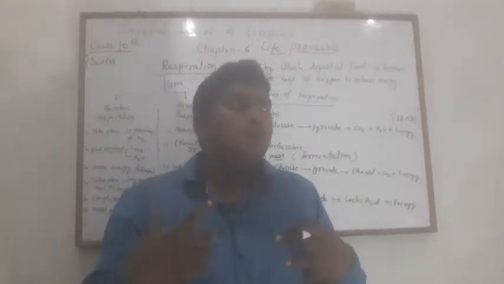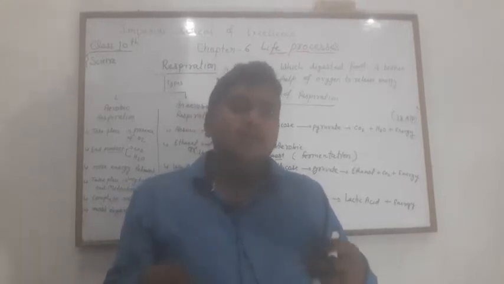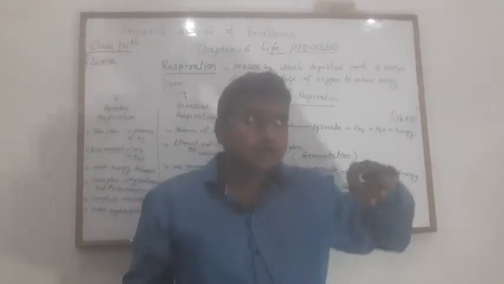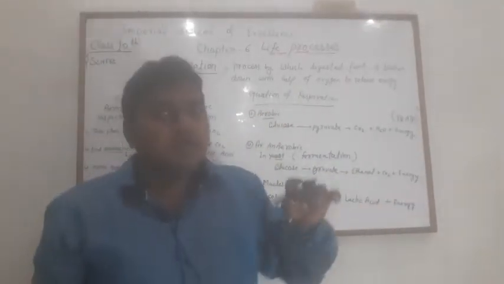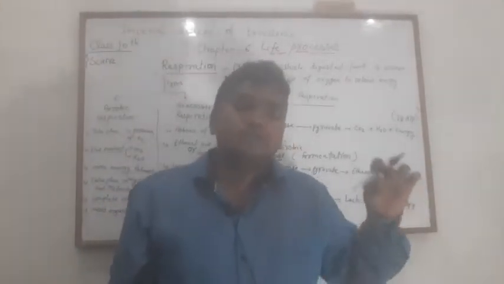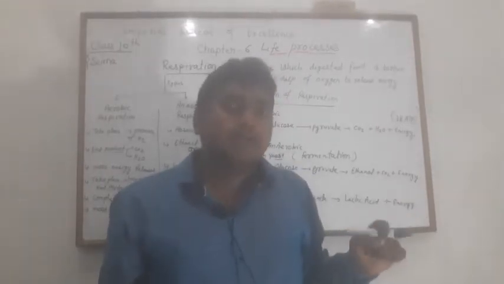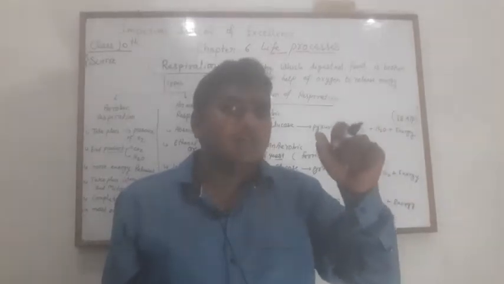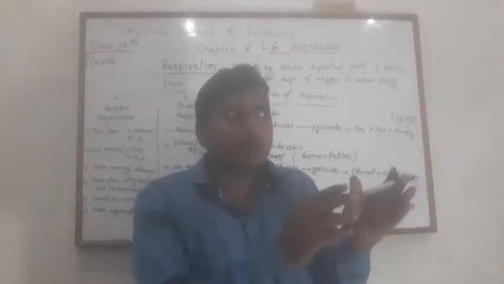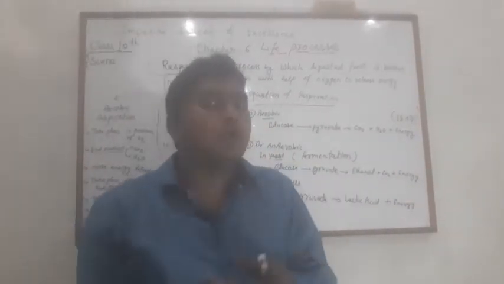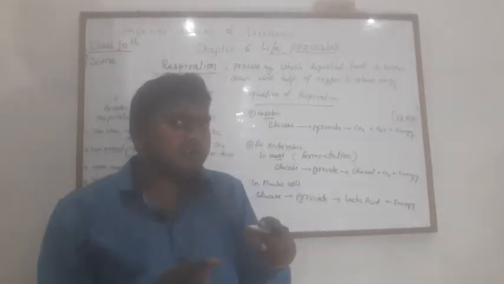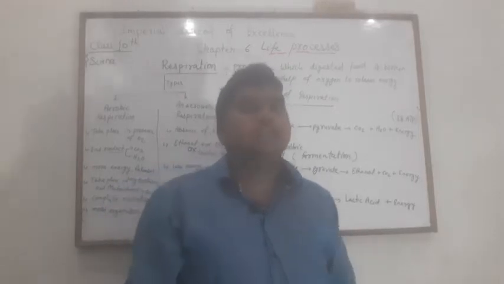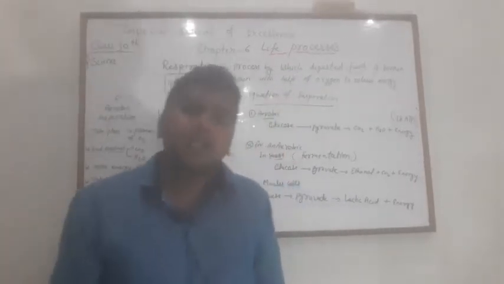This oxygen will go to our lungs where it will get absorbed into blood, and this blood will carry it to the cell where the digested food is there, also carried by the blood, and this food gets oxidized inside the cell, in the cytoplasm or in the mitochondria. So in both places this respiration happens and energy is released in the form of ATP and ADP.